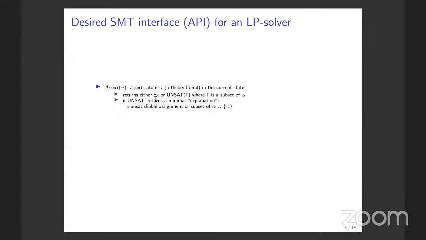So this can return as soon as these assertions are incrementally made. It can return okay, which means it hasn't detected unsatisfiability. So the checking for unsatisfiability can be done incrementally as well if need be. And if it is unsat, then it has to return a minimal explanation. That is an unsatisfiable subset, a conjunctive subset of the original atomic formulas union the new assertions that you have.